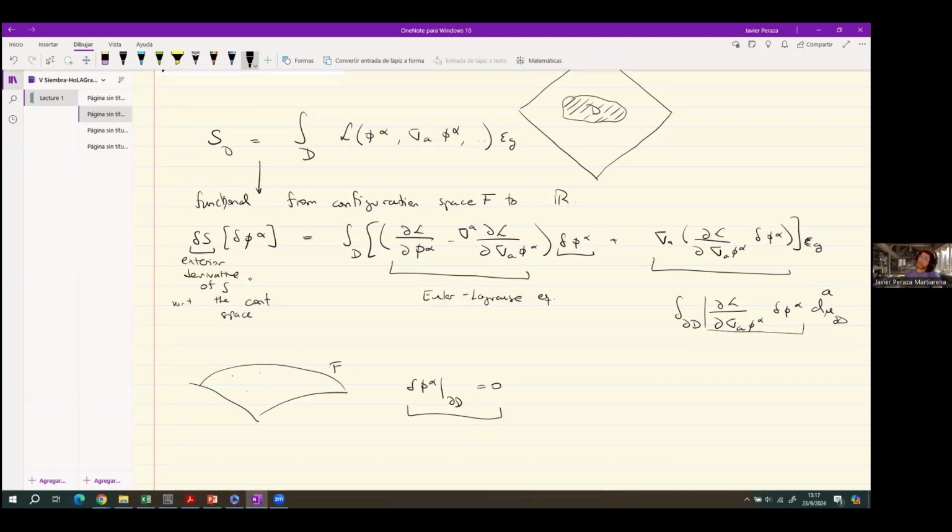Once we have this, we can say this boundary term goes away. We have some compact support for this guy. Therefore, if we are at a critical point, the quantity inside this bracket here should vanish, and we have the Euler-Lagrange equation.